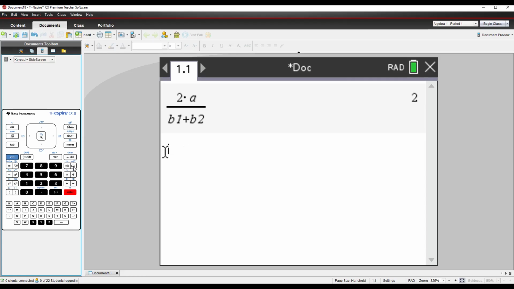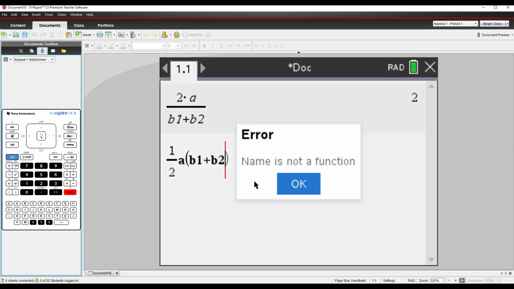But I want to show you a couple of the other ones. The next one is 1/2 a times (b1 plus b2), and we press enter, and it says this is not a function.